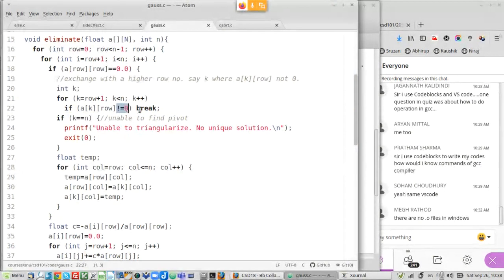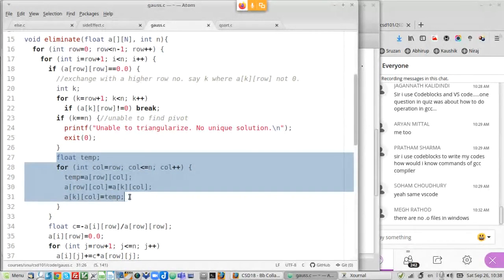If you find such an element, you break, which means you go outside this loop, and this is the place where you are doing the exchange. You're storing it in temp, and you're doing it for the entire row.